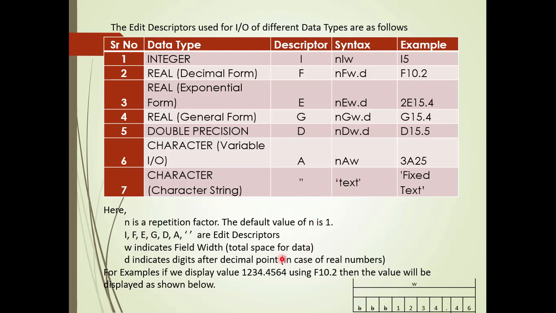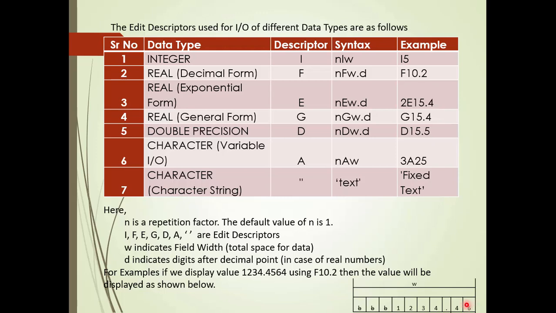If we want to display 1234.4564 using F10.2, look at this: 10.2. You will have 1 2 3 4 spacing allotted here, then 5 6 7 8 9 10.